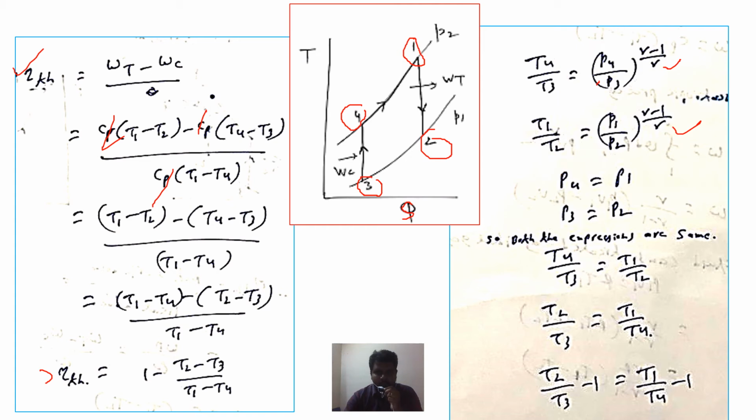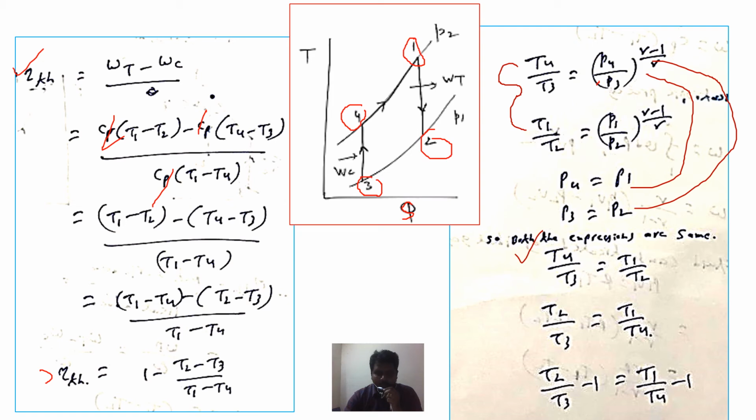Now substitute these values in the above equation, so these both equations will be equal. T4 by T3 equals T1 by T2.